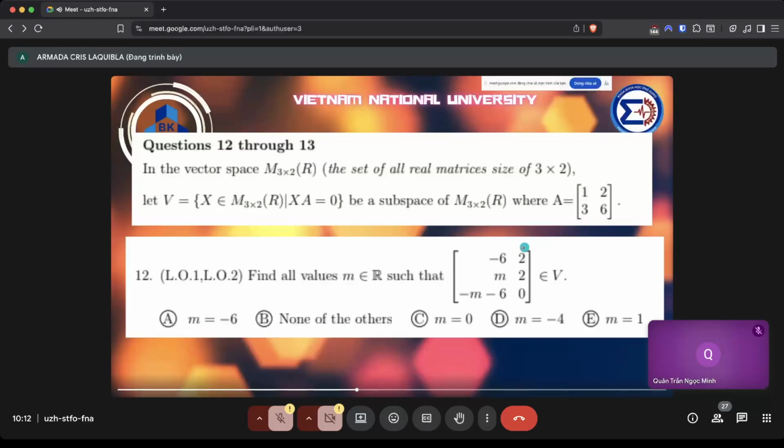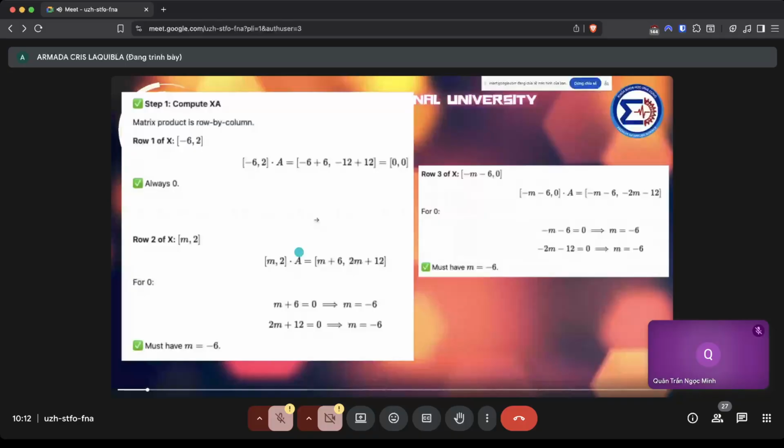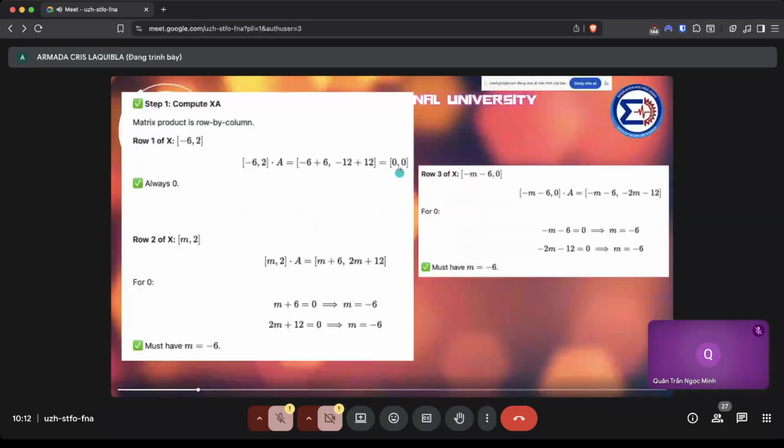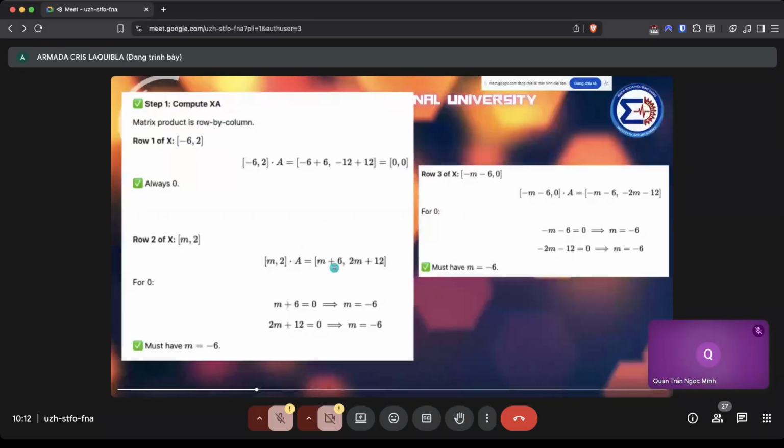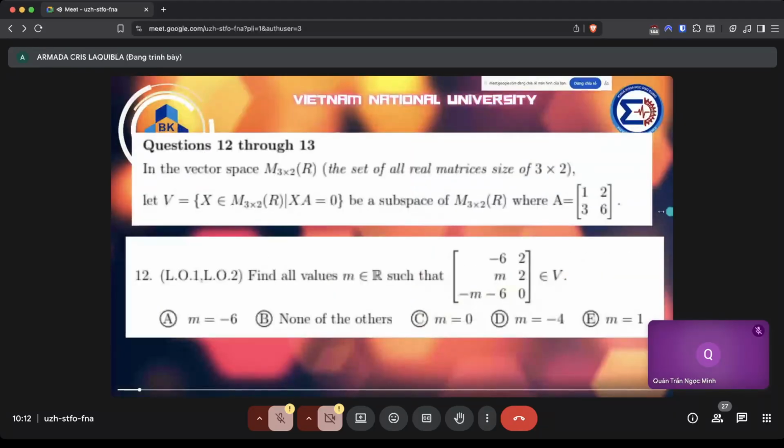So that's 6 and the negative 6. Oh, it's 0. It's here, negative 6 plus 6, it's 0. And then the last one, negative 6, 2 times 2, 6 here.